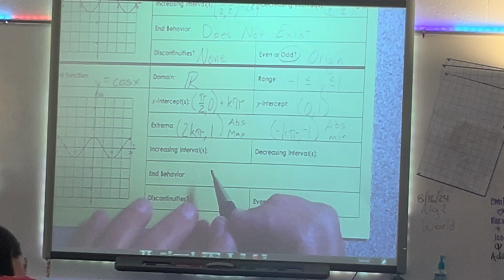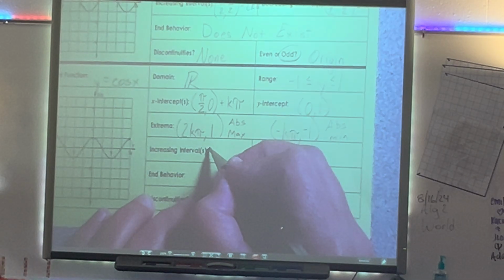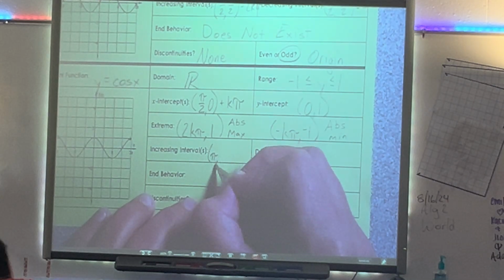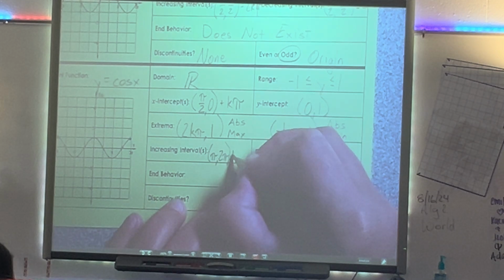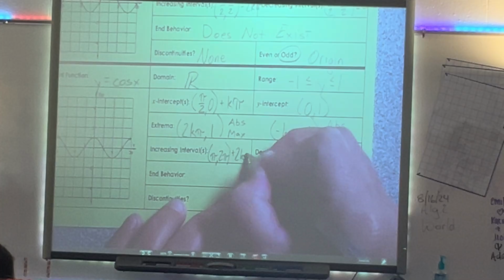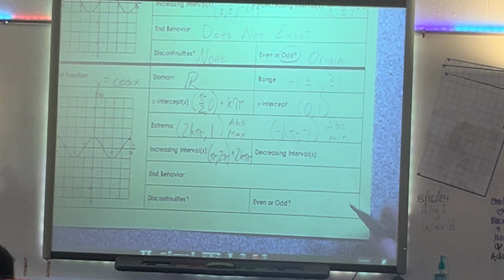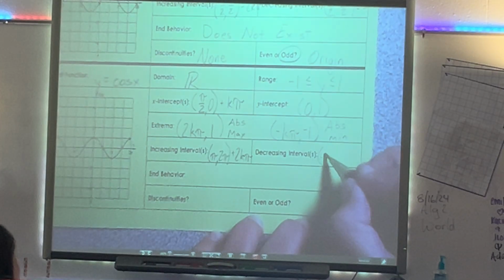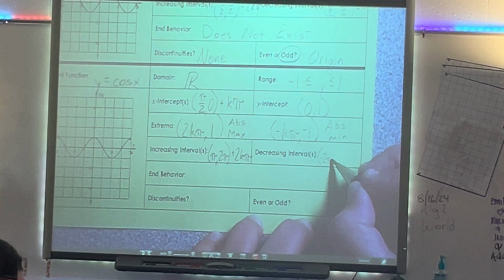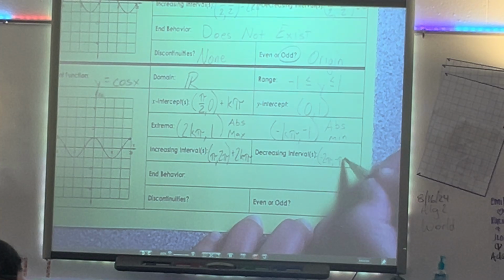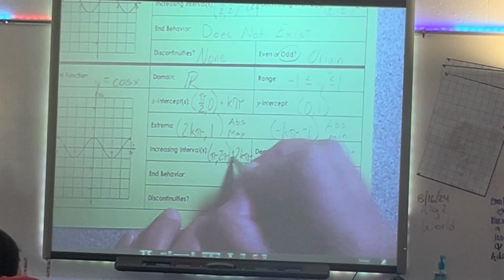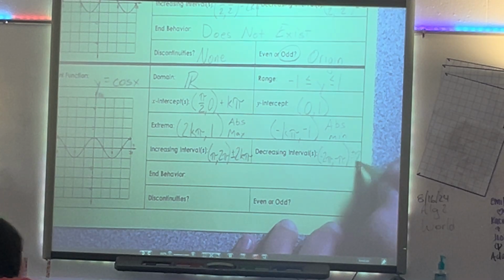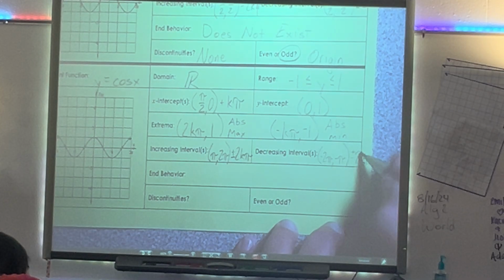I wish I gave you more room. So this is going to be pi, 2 pi, and then plus 2k pi. And for the decreasing, it's going to be -2 pi, pi, plus or, oh, that should be plus or minus, sorry. Plus or minus 2k pi.